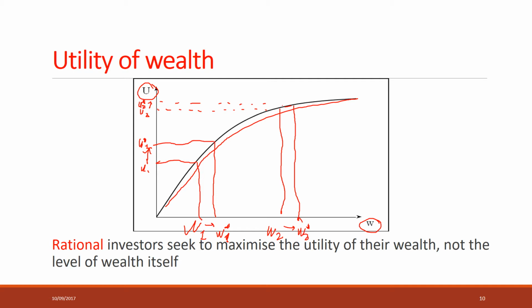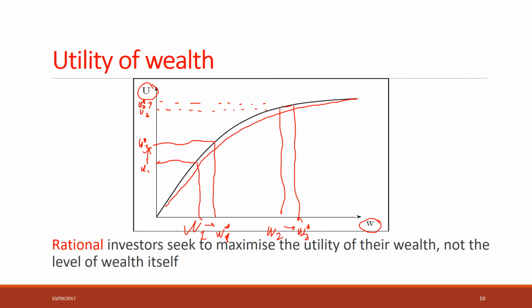So with rational investors, we hypothesize that they try to maximize the expected utility of their investment, not just the level of the wealth itself, right? Meaning that for an additional level of risk that investor has to bear, they expect to get a higher return to be able to get the same utility as before. So this is the base of risk aversion, right?